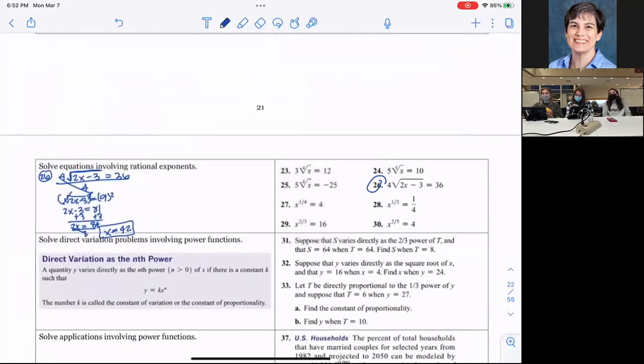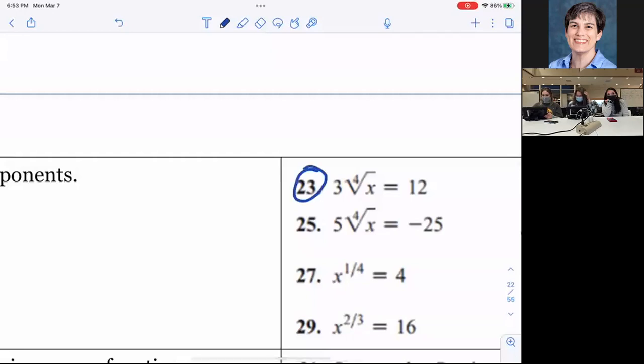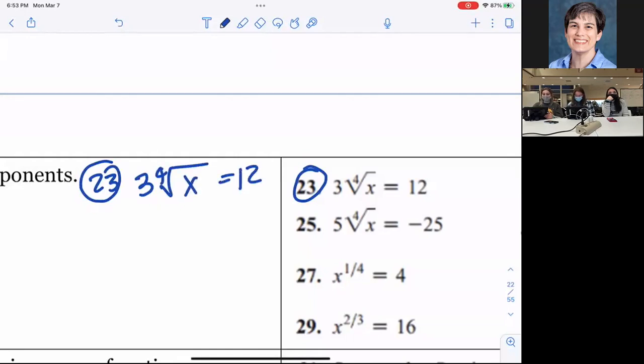All right. And 23. For 23, we have 3 times the 4th root of x equals 12. Just like the last one, we want to get this root by itself first. So we're going to divide by 3 on both sides.